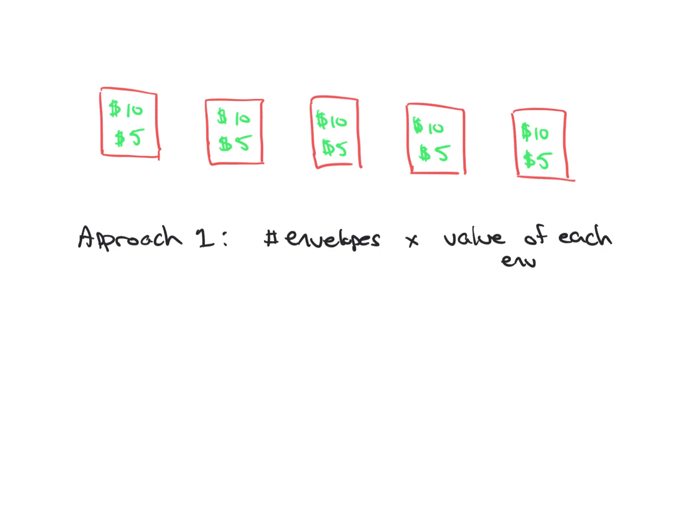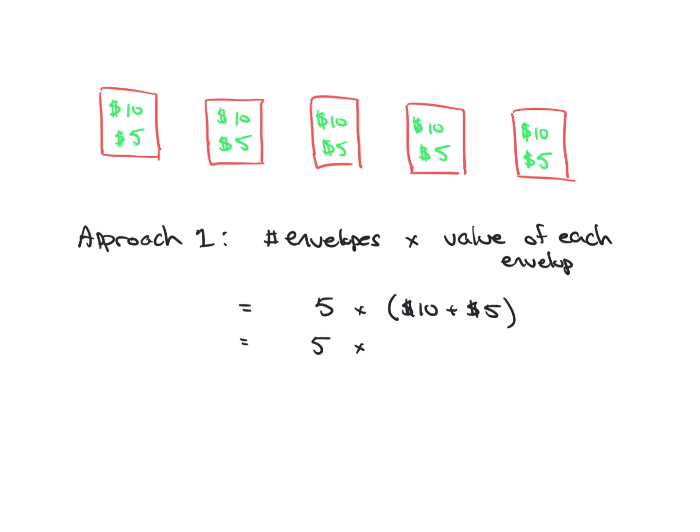Now, if we write this out with mathematical symbols, it will look like this. It'll look like 5 envelopes times, in brackets, $10 plus $5. Okay, so 5 times brackets $10 plus $5. And you can add together $10 and $5.